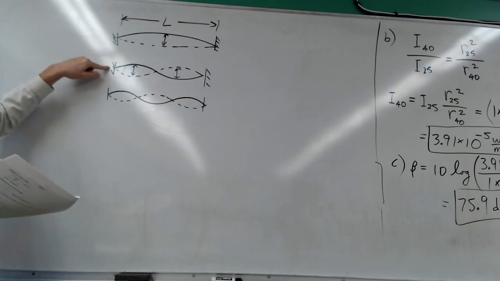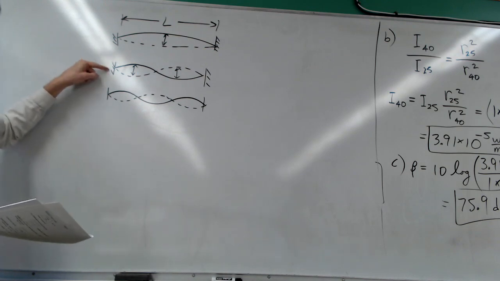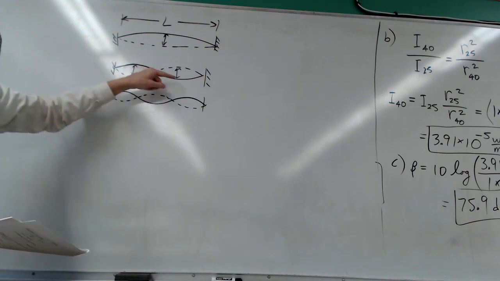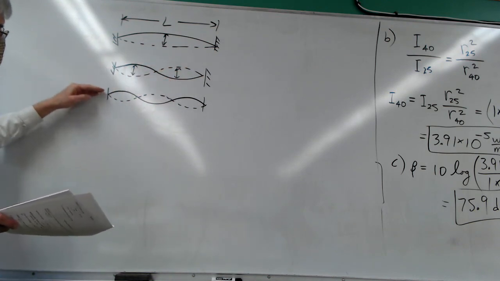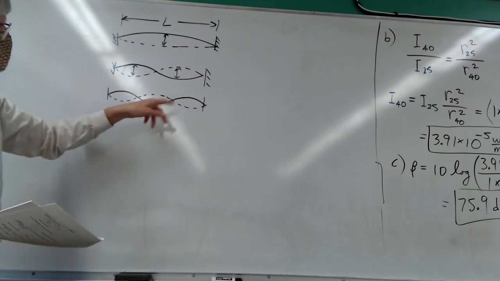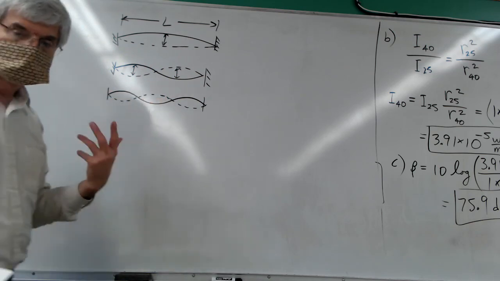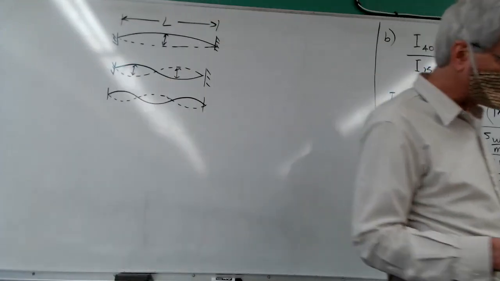Next lowest frequency would correspond to the next longest wavelength. That's when it vibrates in this pattern, where the length of the string would equal the wavelength. And then the third one would correspond to this pattern, where the length of the string equals 1.5 wavelengths. In each case, then you calculate the frequency from the wavelength, and that's how you do it.